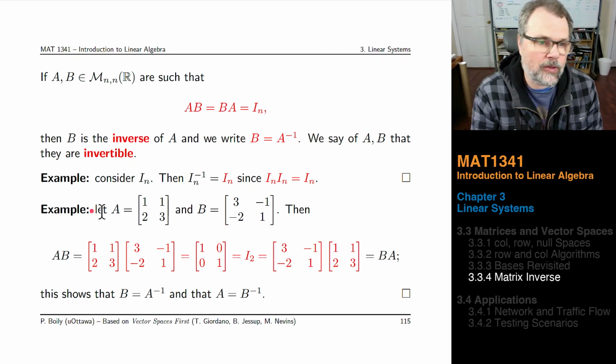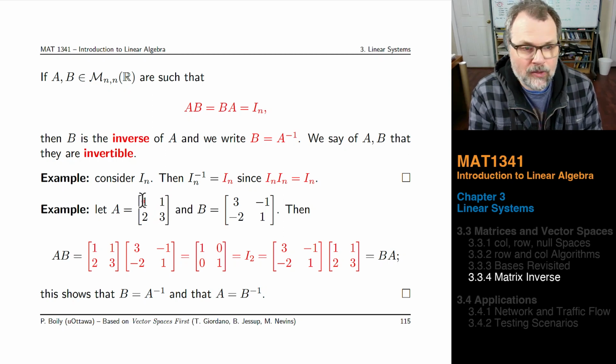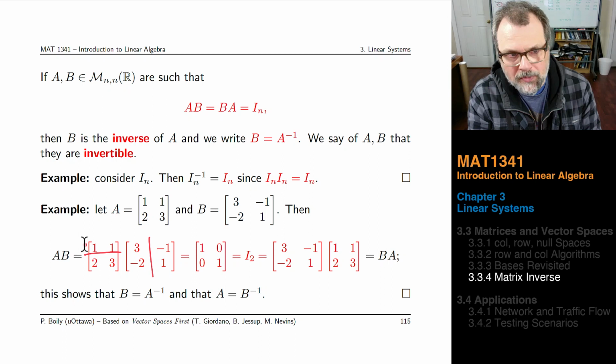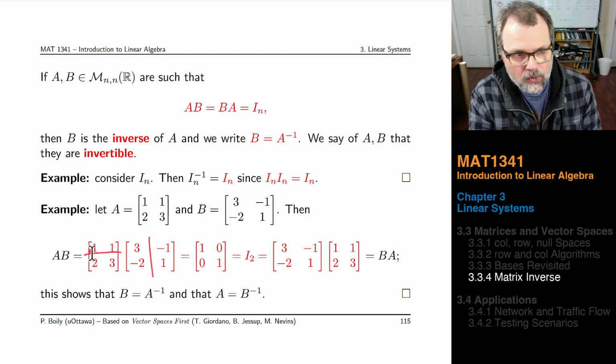What about the following matrices? If I look at A, which is [1, 1; 2, 3], and B, which is [3, -1; -2, 1], then I do the product A times B. Remember how it works? The matrix on the left gets the rows, the matrix on the right gets the columns. So 1 times 3, which is 3, plus 1 times minus 2, minus 2, 3 minus 2, 1.